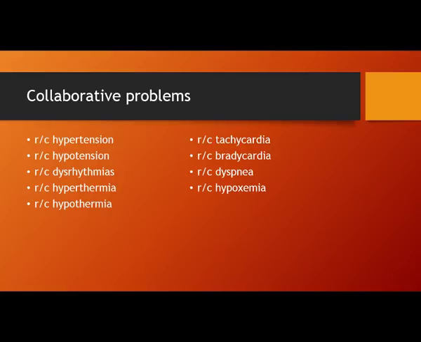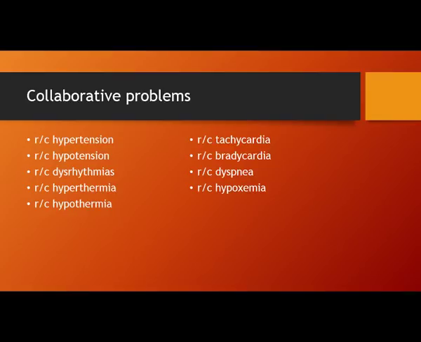So, risk for complications of hypertension. We discover that the person has a blood pressure of, say, 160 over 110. We can't handle this alone, but we expect to continue to work with the patient.